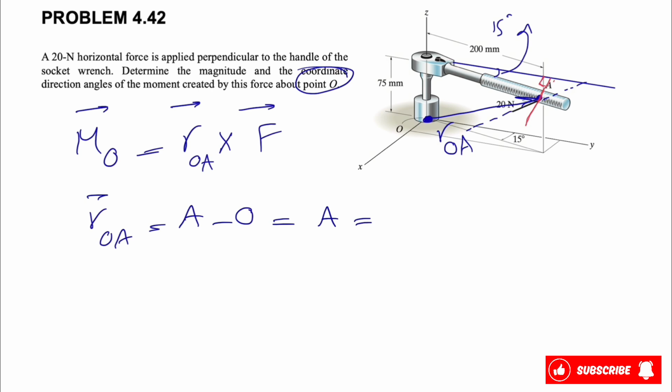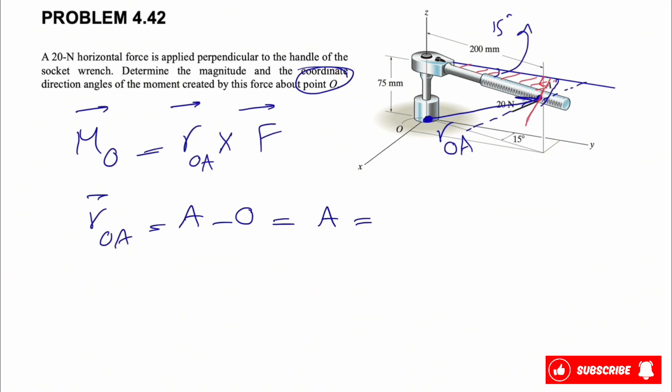We have this right triangle that we can see, and from that we can find the XYZ components of point A. Starting with X, this side over here would be our X component, which is obviously on the positive side, and we know the hypotenuse is 200 millimeter, which is the length of the socket wrench.